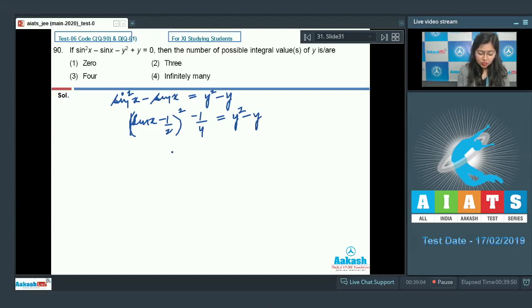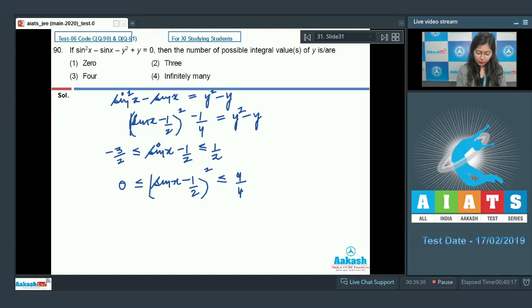Now sin x goes from minus 1 to 1. So sin x minus half will go from minus 3 by 2 to 1 by 2. That is sin x minus half whole square will go from 0 up till 9 by 4. That is sin x minus half whole square minus 1 by 4 will go from minus 1 by 4 up till 2.